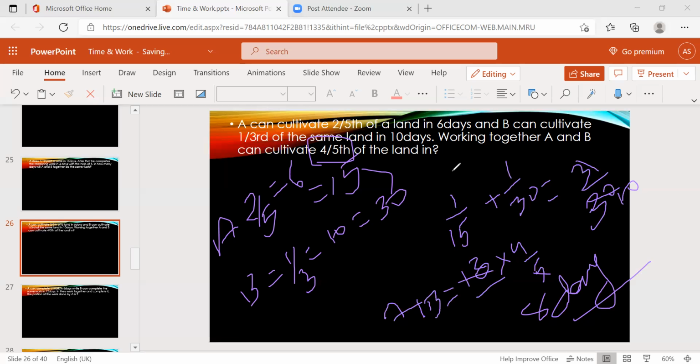They ask for A plus B together, cultivate the land only 4 by 5th of the work. Not total work, right? So first just find that A individual work and B individual work, then take A plus B, it's nothing but 10 into 4 by 5 is nothing but 8 days. Is it clear?